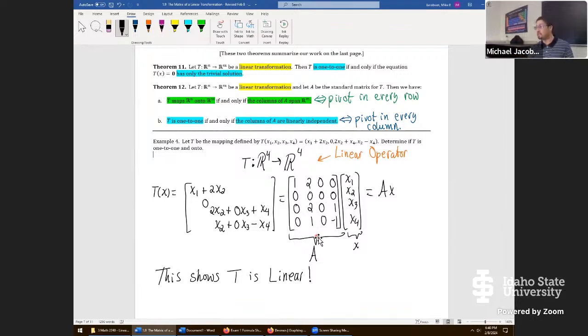Doesn't answer our question, but let's look at this matrix. There is automatically not a pivot in every row. The moment you have a zeroed out row, that's excluded. But if you can't have a pivot in every row, you cannot have a pivot in every column either. There's also a zeroed out column, but even if there was a 1 here, one zeroed out row is enough to say there's not a pivot in every row and there's not a pivot in every column.